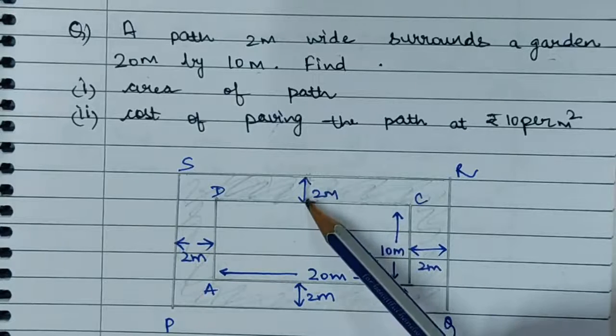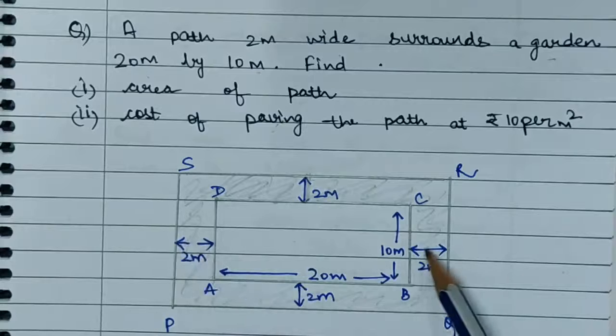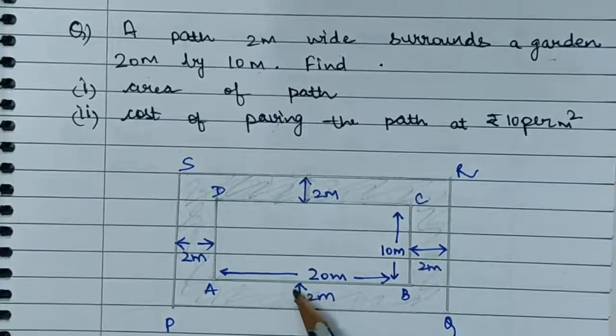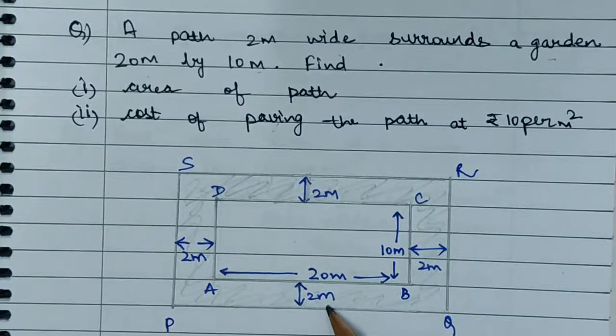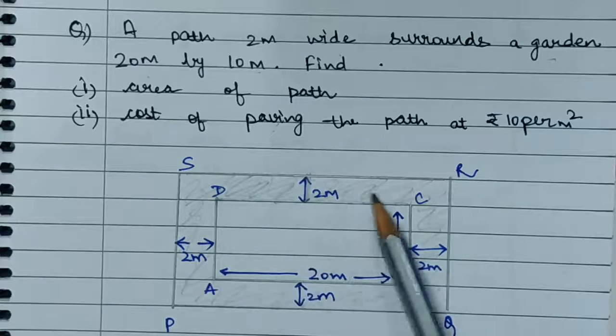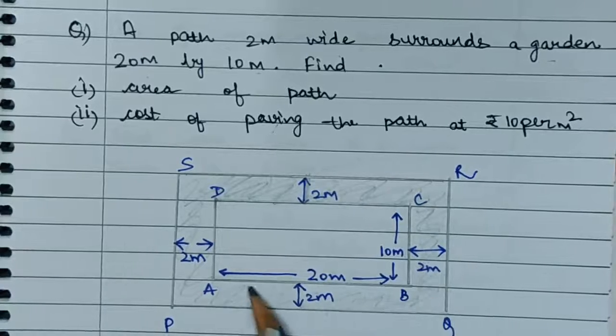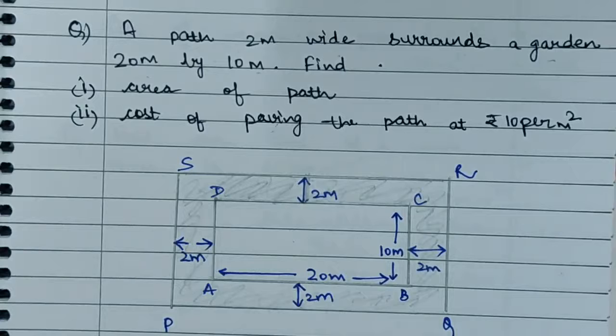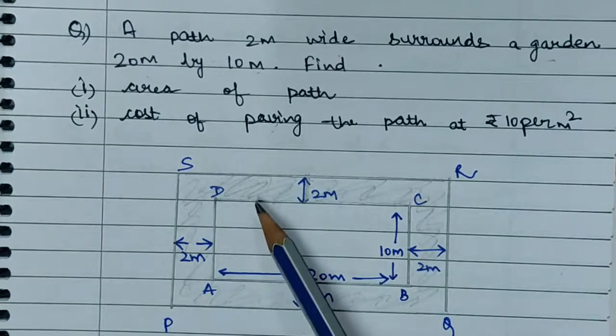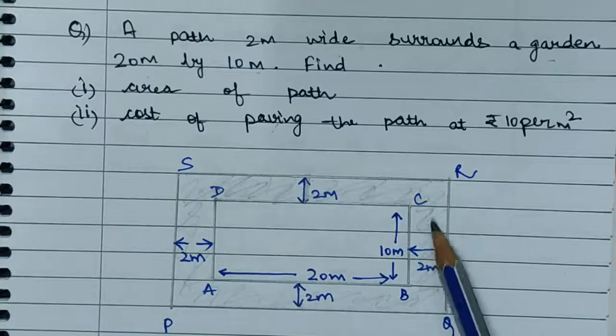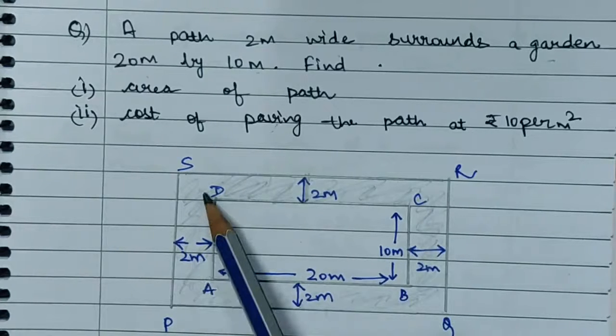Now width given 2 meter means from all the sides the width is 2 meter, and we have to find this area of path. So listen very carefully. We have to find this shaded area.